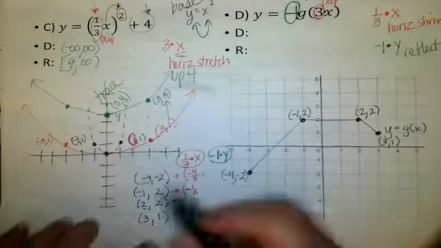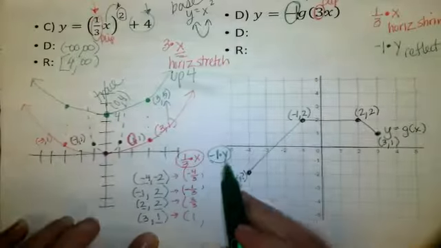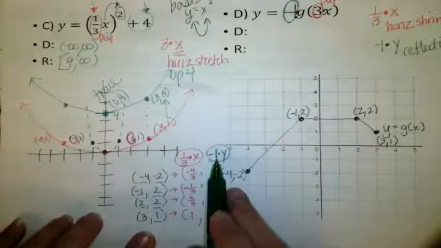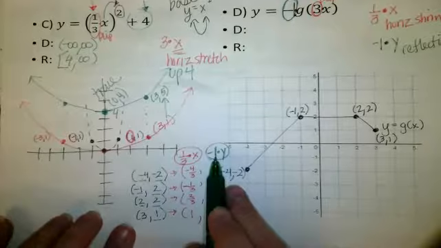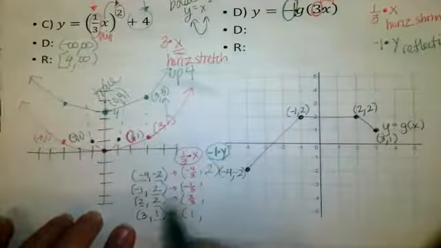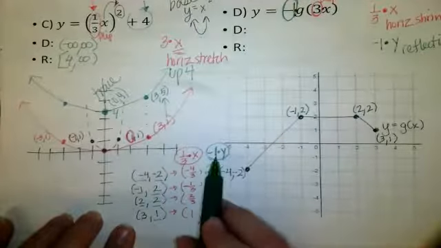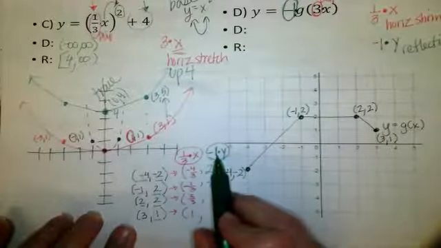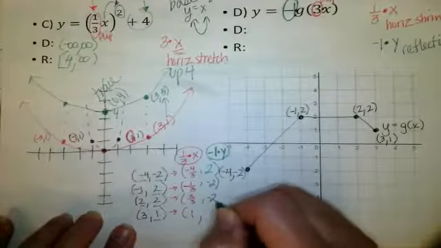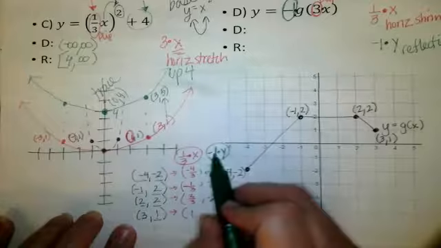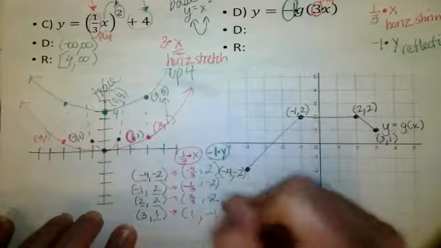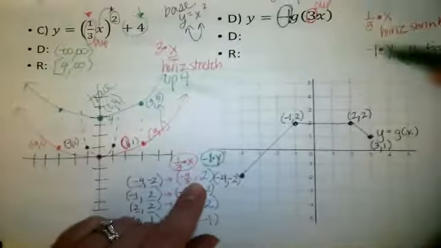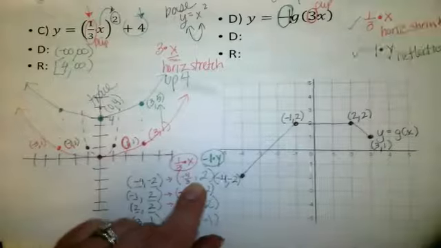And now we're going to look at all the y coordinates, and we're going to multiply them by a negative. What's -2 times -1? 2, +2. 2 times -1. -2. 2 times -1. -2. And 1 times -1. -1. So all I have to do is plot these points, and we'll have taken care of all of our changes.